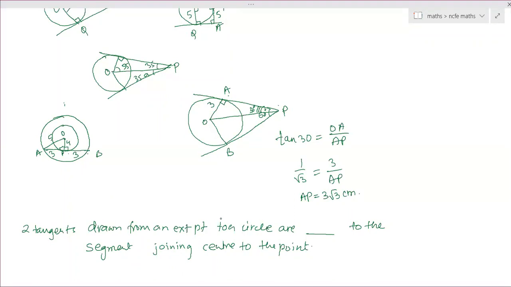So using sine 45, I found out the radius, since it was equally inclined to the segment. Is that right? Yes, you do need one word there. Ma'am, is that method right? Yeah. Okay, ma'am. Thank you.